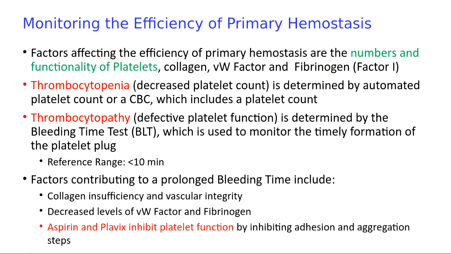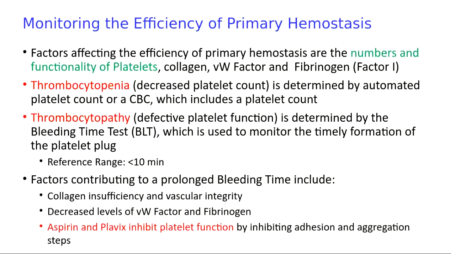Slide number 6 then tells us two very specific things that we need to remember. Okay, so what do we need to know about monitoring primary hemostasis? Primary hemostasis is the function of the blood vessels and the platelets. So what is the role of the laboratory in primary hemostasis, in blood vessels or in platelet function?